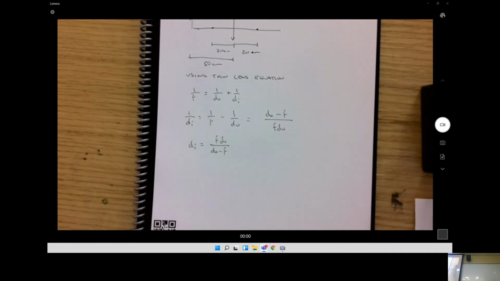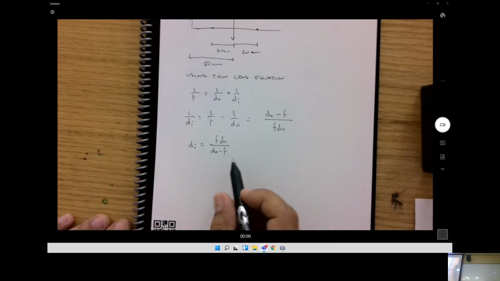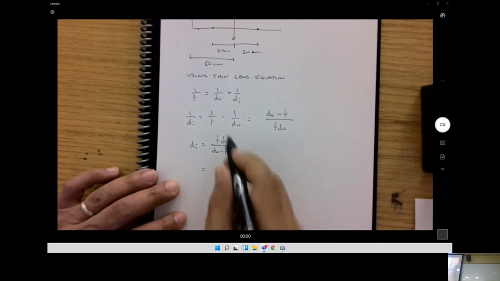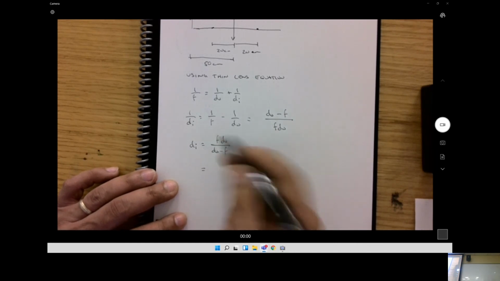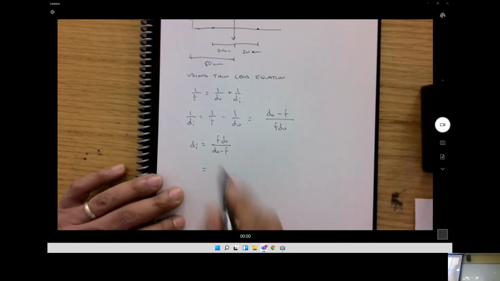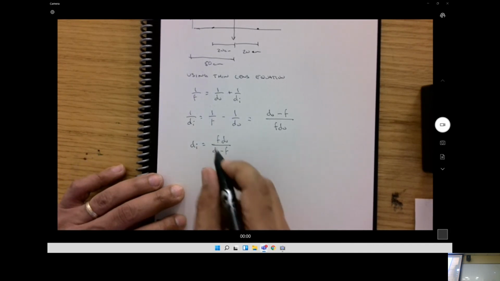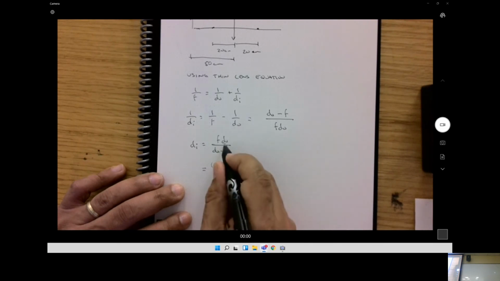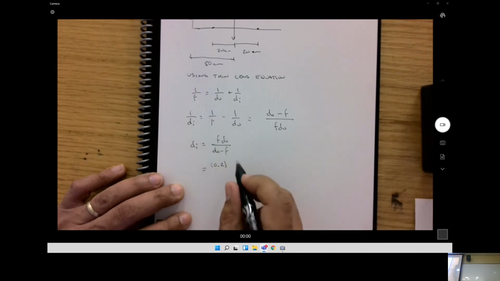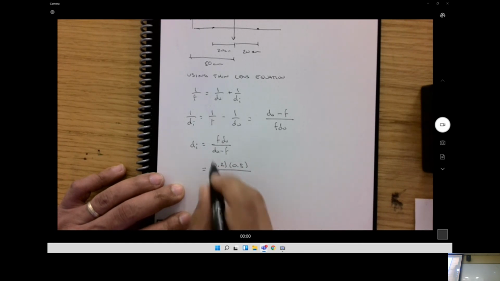And once I have that equation, I can substitute values. As long as all these units are consistent, you can work in centimeters or meters. I'm going to do it in meters. So my focal length is 20 centimeters, that's 0.2 meters. Distance to the object is 50 centimeters, so that will be 0.5. And over here, I'm going to have 0.5 minus 0.2.